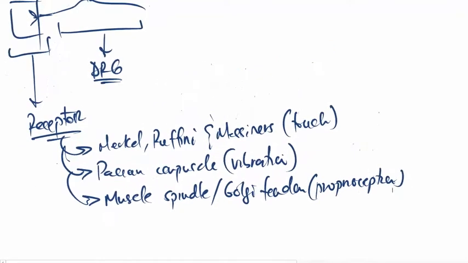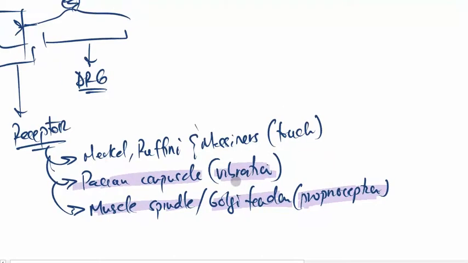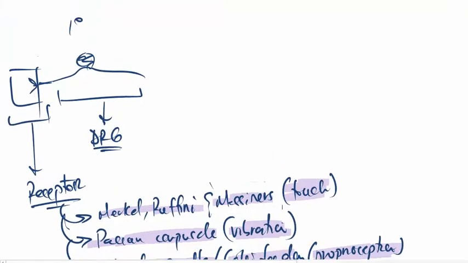So here we have proprioception coming from the muscle spindle and the Golgi tendon, vibration coming from the Pacinian corpuscle, and the Merkel, Ruffini, and Meissner for touch. These receptors send information to this primary neuron, which is located in the dorsal root ganglion.